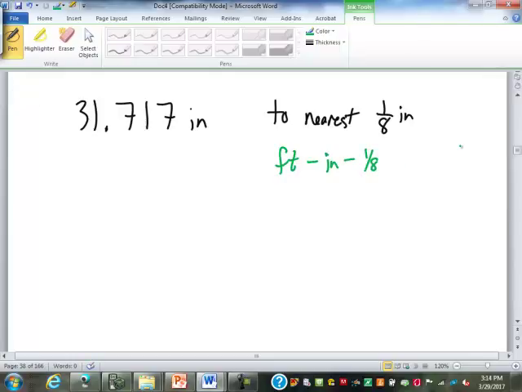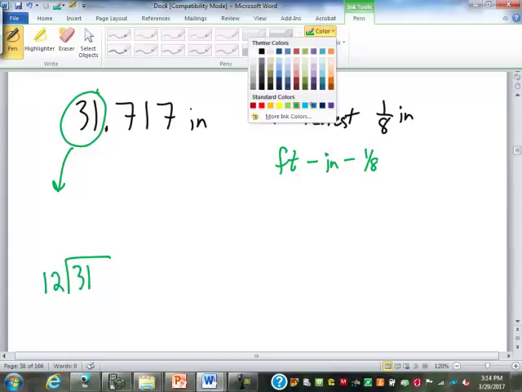So the first thing I have to do is start with this 31 inches here. How many feet can I get out of that? So I'm going to take my 31 and divide by how many inches are in a foot? 12, good.